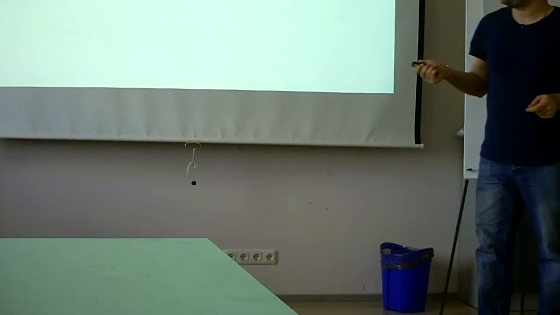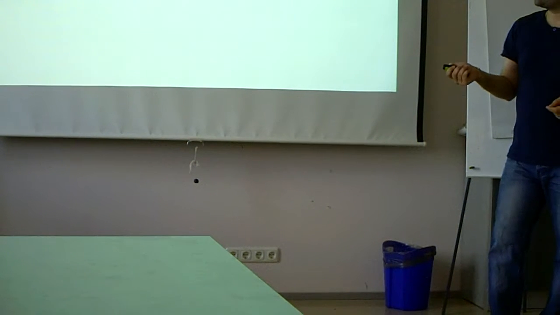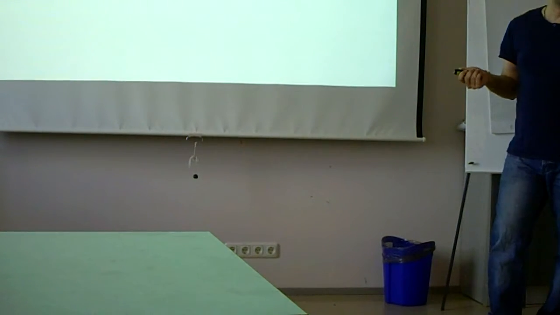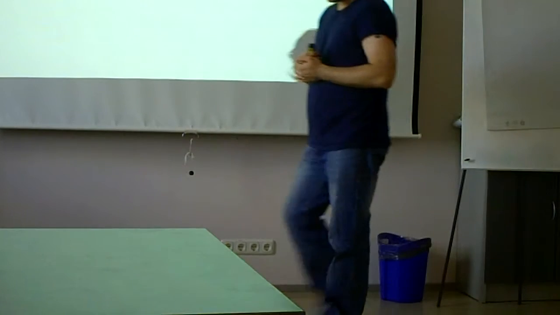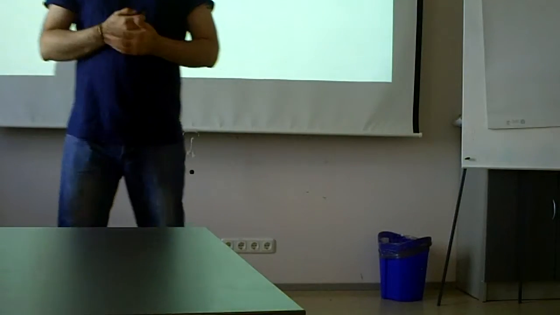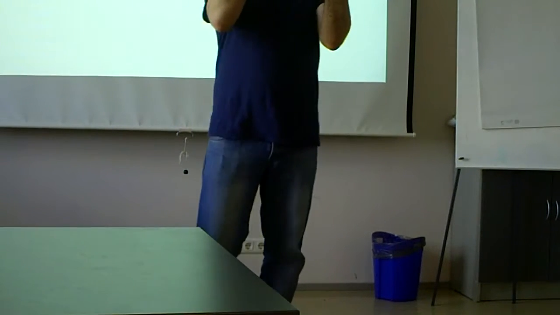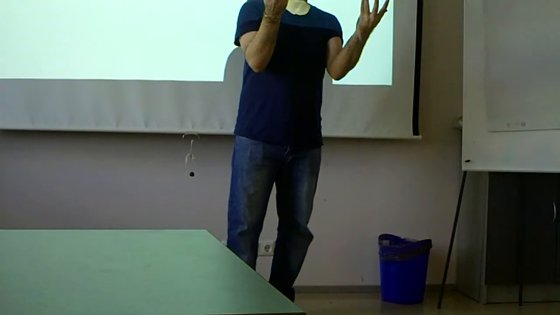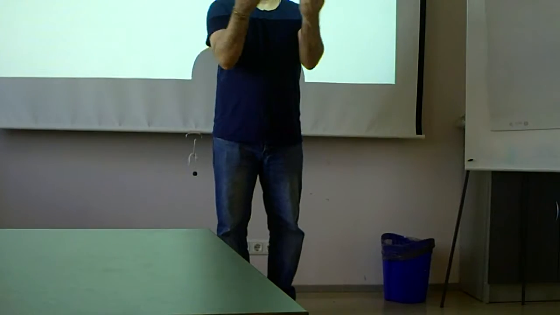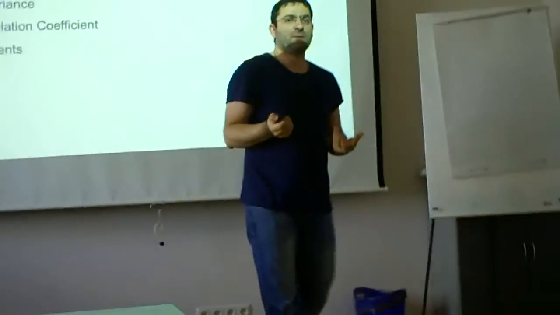Now, we will talk about covariance, correlation coefficient, and moments in today's lecture. Covariance means that we have several assets, several events, and we want to know if these events happen in a way that they come together or go away from each other.